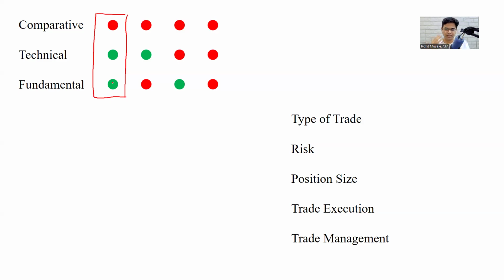So obviously, when risk goes up, your position size should come down, and in terms of trade execution, you should be micromanaging the trade, because the more the risk, the more control you should take. If you just buy the stock and leave, you are taking too much risk. So please understand right upfront that you are getting into a risky situation because the stock is not showing relative strength.